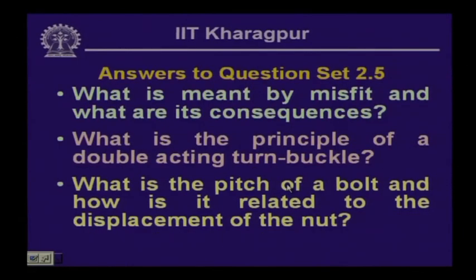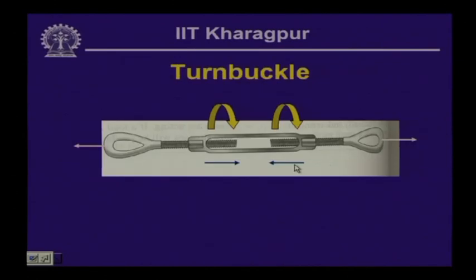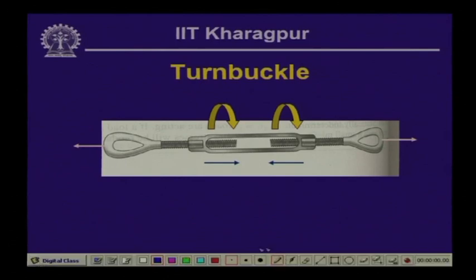Now, the next question which was posed was, what is the principle of a double acting turnbuckle? If we remember, we introduced the lack of heat by introducing or turning this kind of system, which we call a turnbuckle.